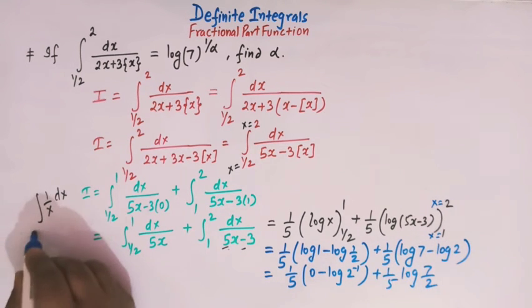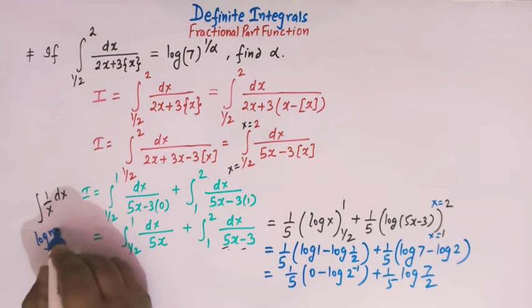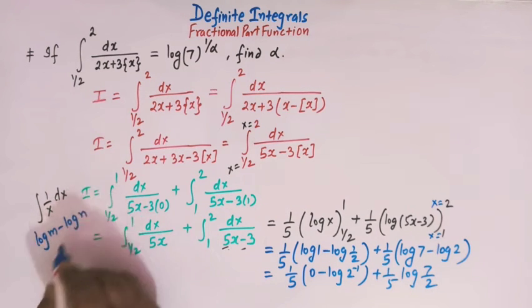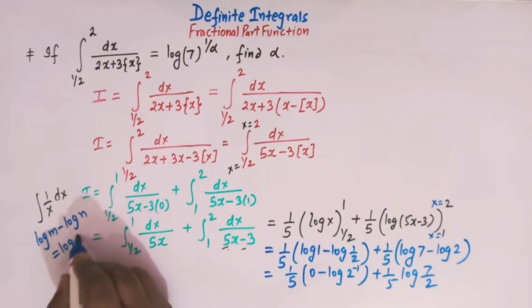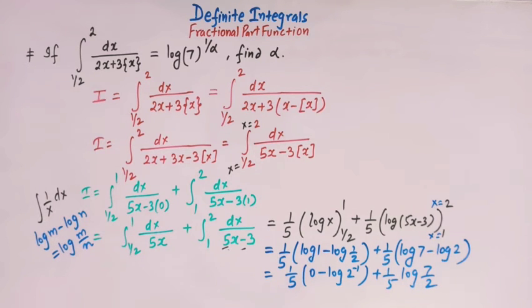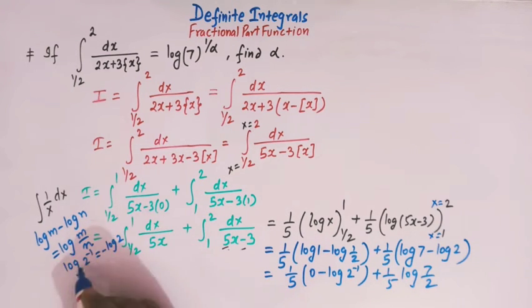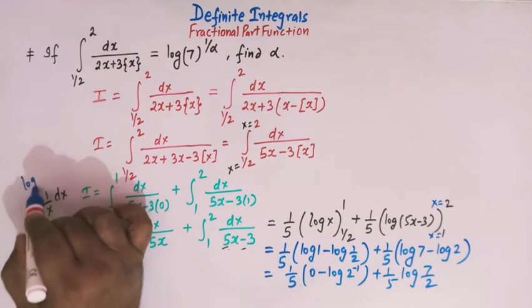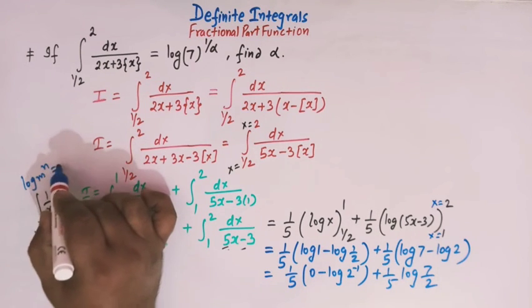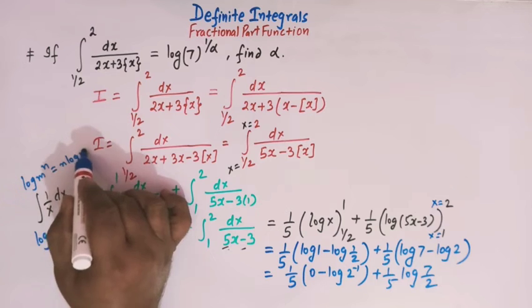Because here we have used the result log m minus log n is equal to log of m over n, right? And now here log of 2 raised to minus 1 is minus log 2, because log of m raised to n is n log m, right?